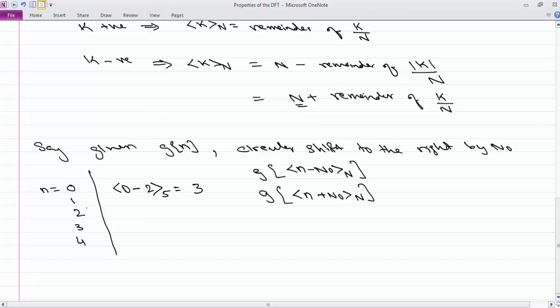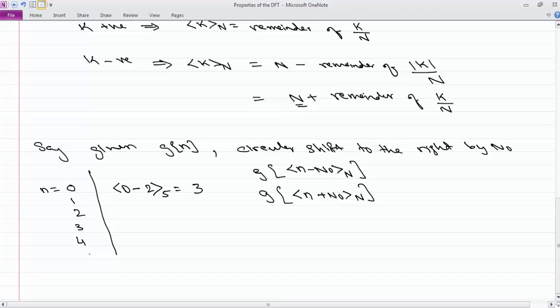Okay. The other way you could have seen it is through the graphical representation: everything is moving by a factor of 2. So 0 is now going to 2, right? 1 is going to 3, 2 is going to 4, and 3 wants to go to 5, right?